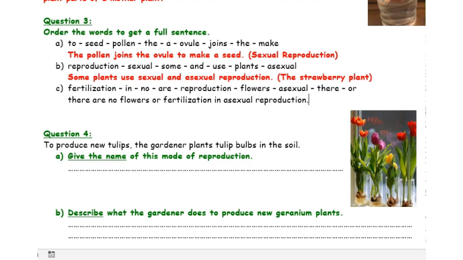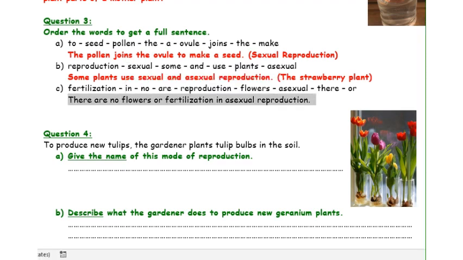Not so easy, but I got it. So in asexual reproduction, we have a new plant grown from the parts of a mother plant. No need for flowers or for fertilization.